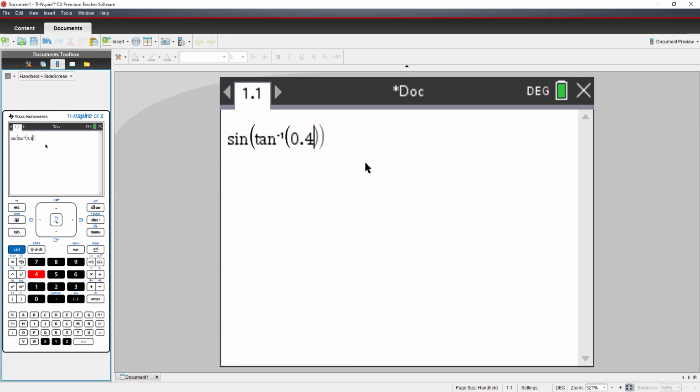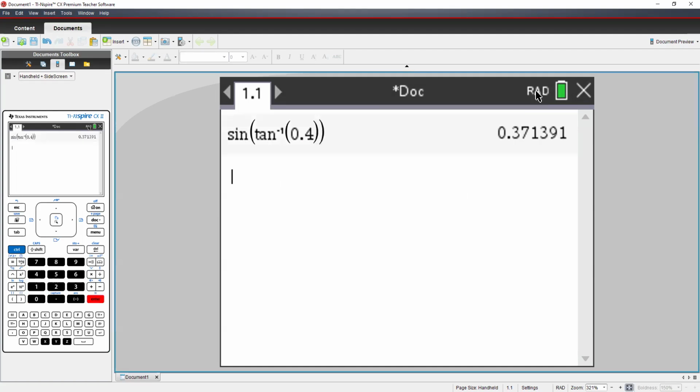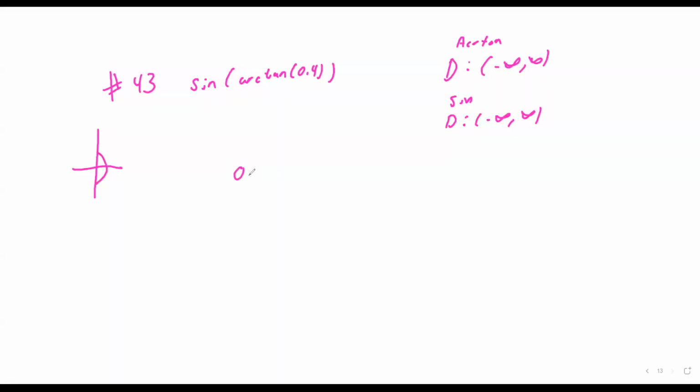And I want this to be in radians. So if my calculator is in degrees, I'm just going to simply click it and it changes it to radians. I can then hit enter and I get my answer. So in this case, rounding to 4 decimal places, this will be 0.3714. So I come back over here, my answer is 0.3714.